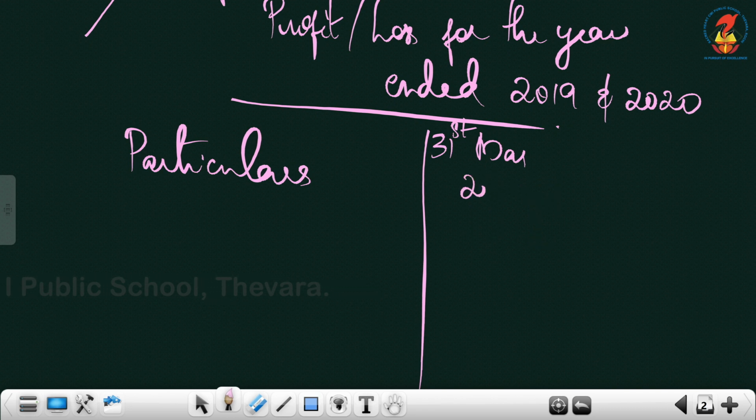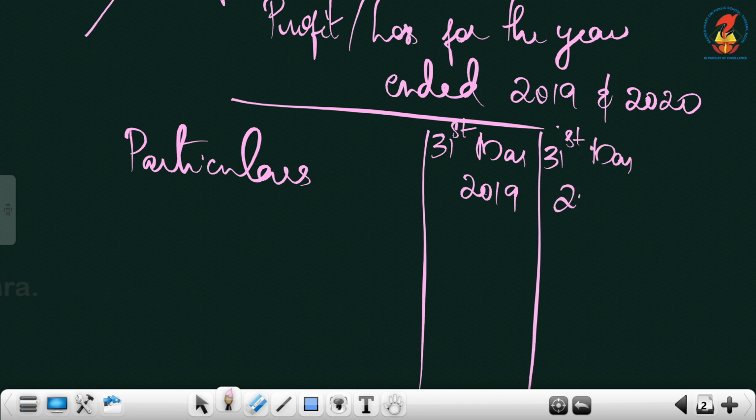Write previous year first always. 2019 you have to write first, then you write current year. So that you have to remember always. In your question it would be given in the reverse order. Reverse means they have written 2020, the current year first, but when you write in the answer you have to write the previous year first. Previous year, then current year. That's how you have to write.